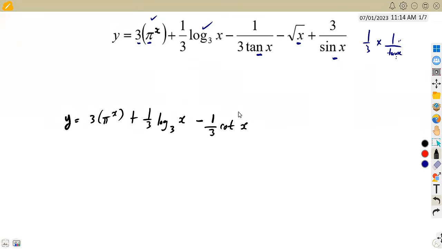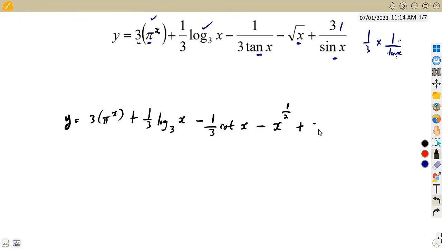Take note, we haven't started differentiating. We are just rewriting so that we can differentiate. So the square root of x can be written as x to the exponent of one half, from our laws of exponents. Here we've got the same thing: 1 over sine of x from our trigonometry. 1 over sine x simply gives us cosec x.